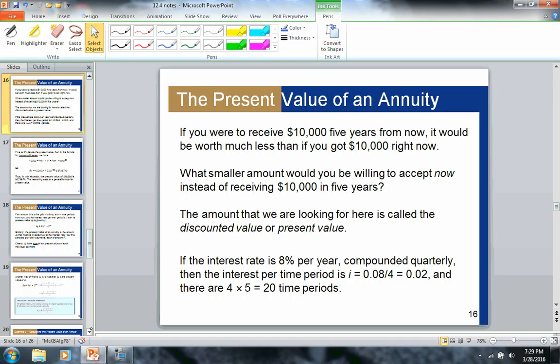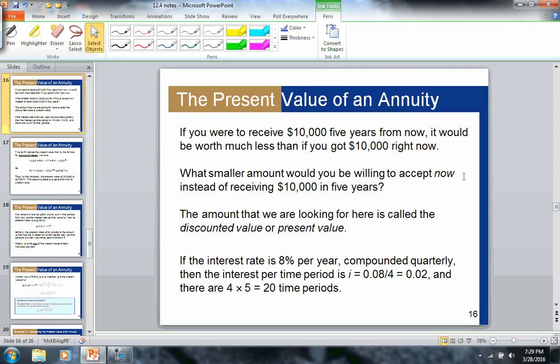Okay. So we kind of ask this question then, what smaller amount would you be willing to accept now instead of receiving the $10,000 in 5 years? So that's basically saying, okay, if you want that $10,000 in the future, what do you have to have right now to invest so that you can have the $10,000 in the future?